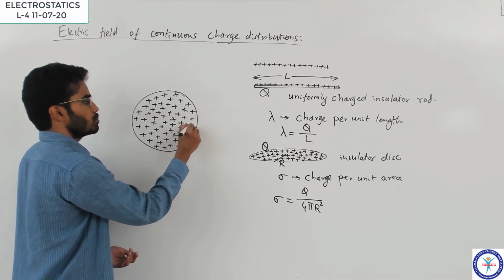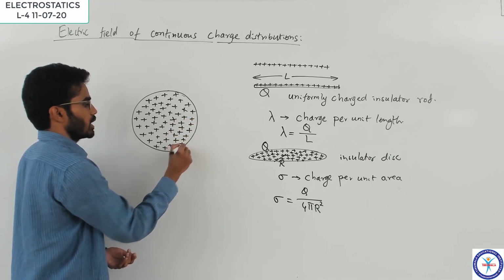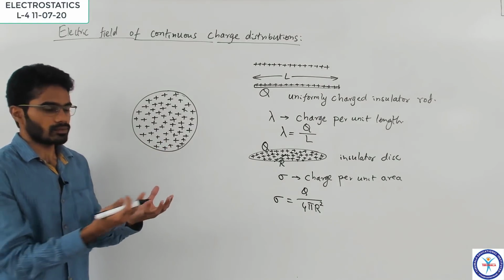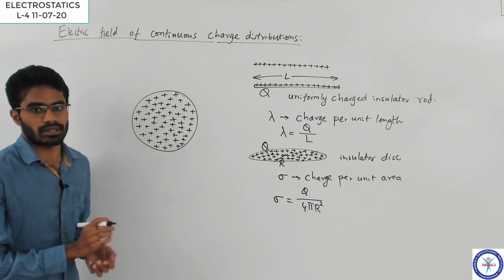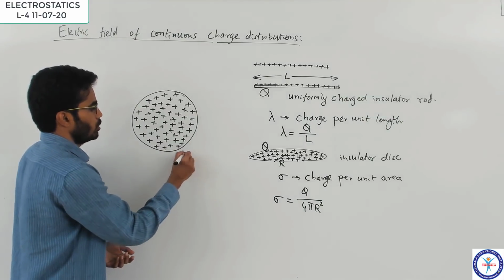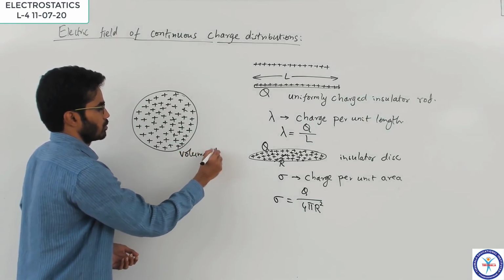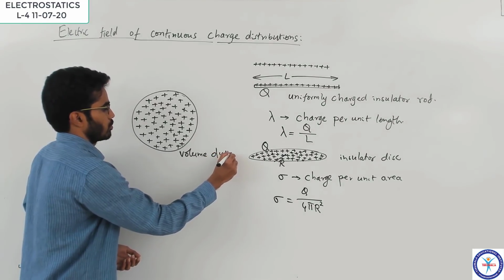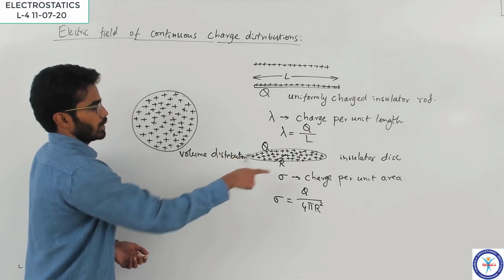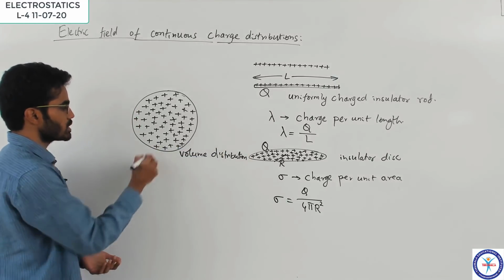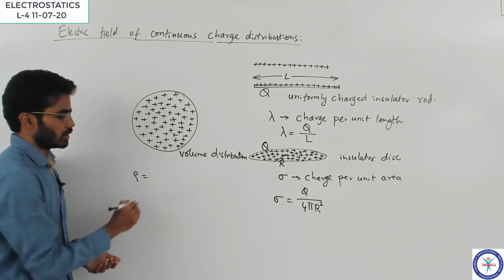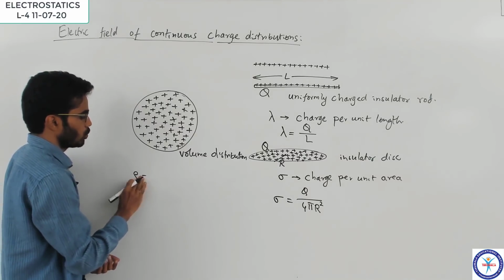That means it is a distribution of charge in volume. You have a 3D space of positive charges. So this is volume distribution. This is areal distribution. This is linear distribution. In such a case, we use this term rho. This is charge per unit volume.